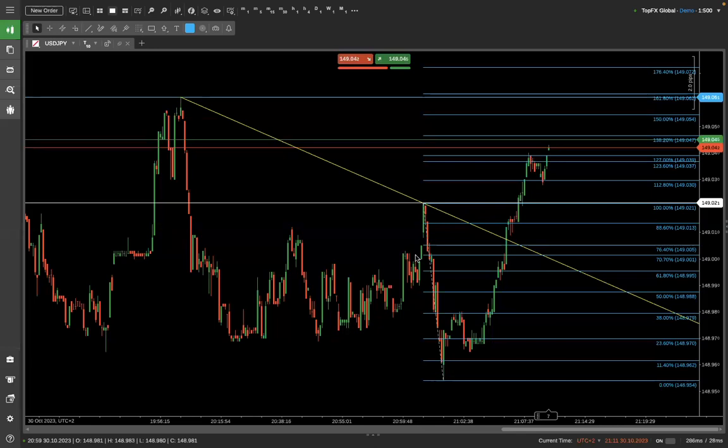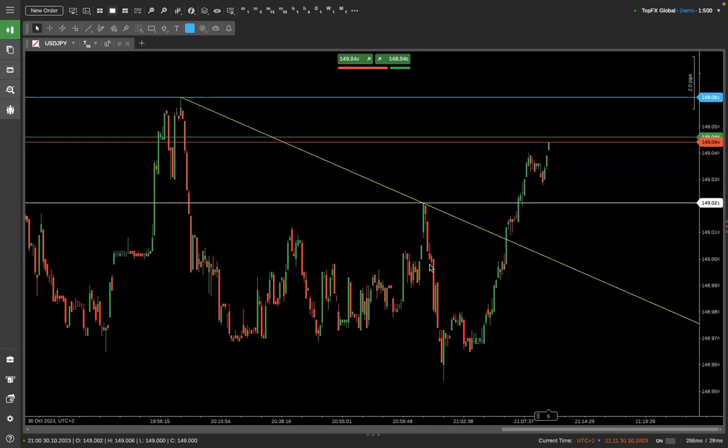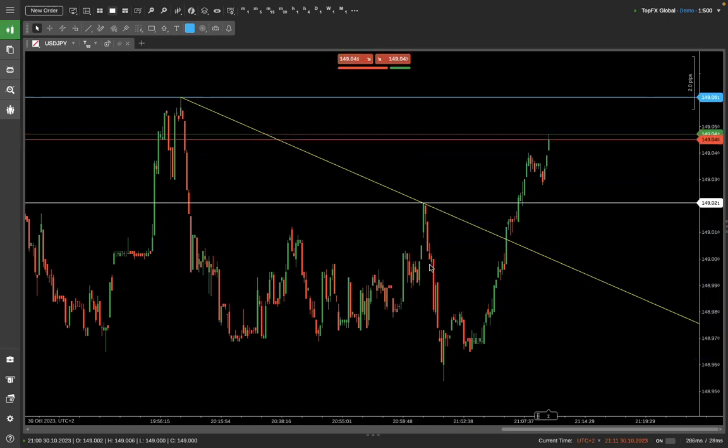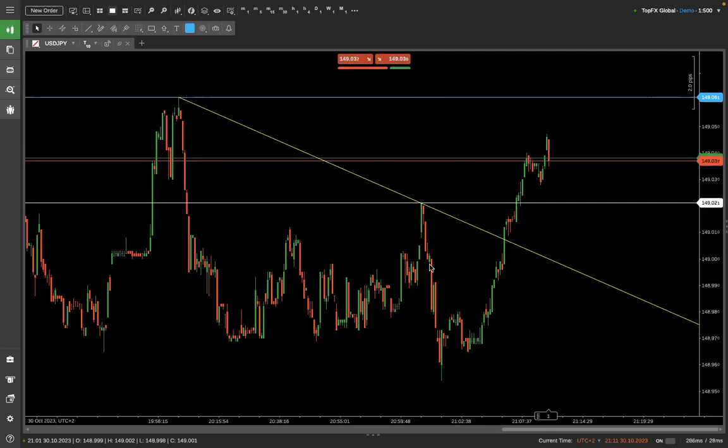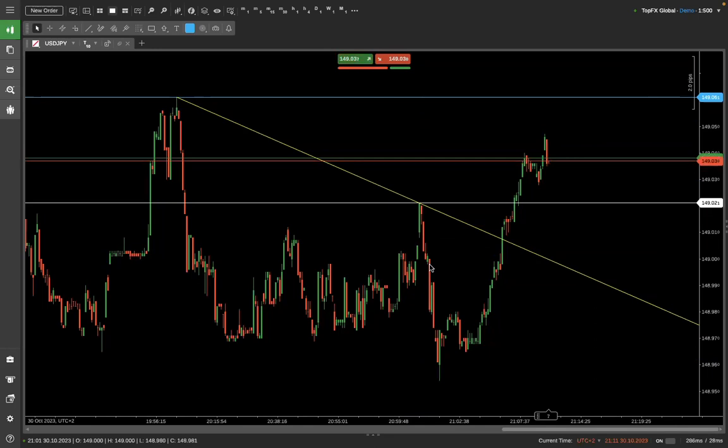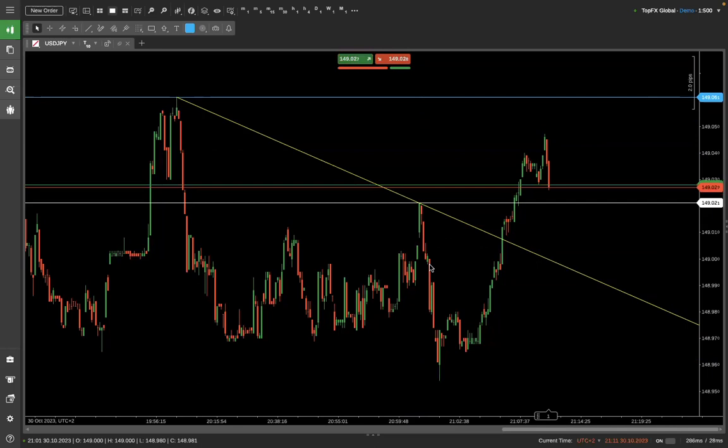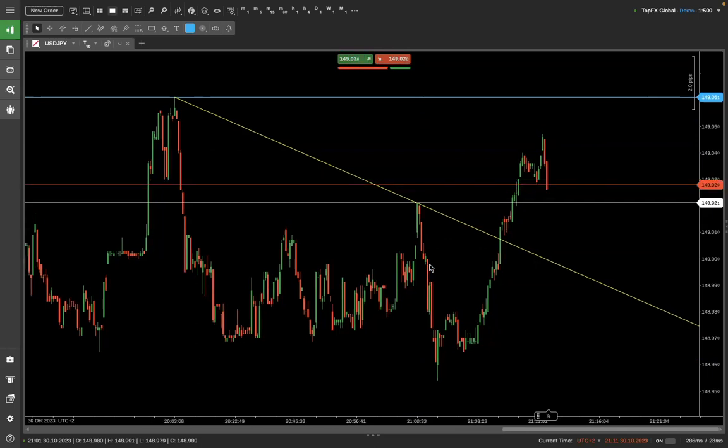Why is the tick chart especially good for scalping? Tick charts are almost ideal for scalping because of their ability to capture quick price movements and quick price changes.